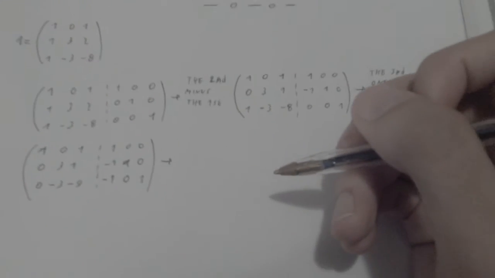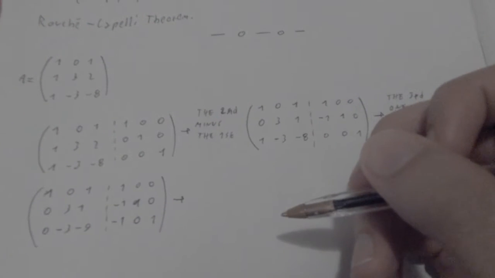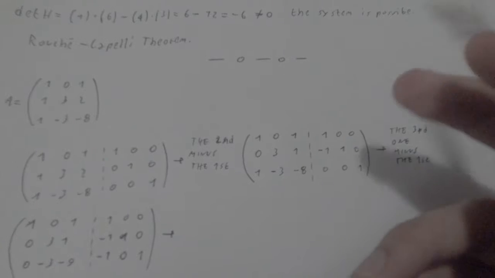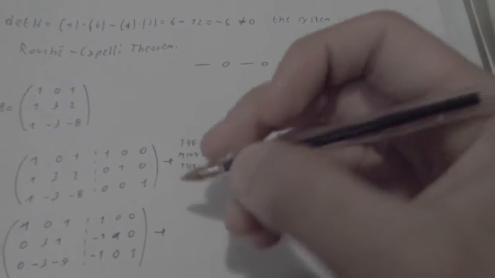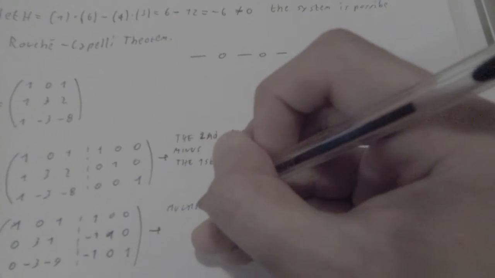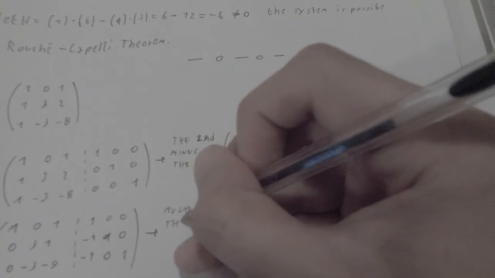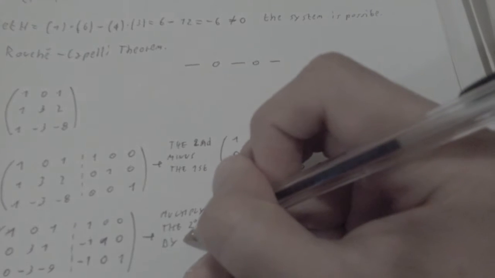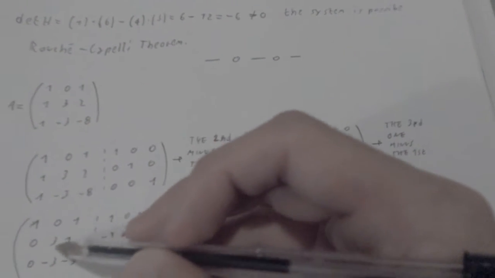Okay, and now I'm going to multiply the second by 1/3, because I want this to be 1.